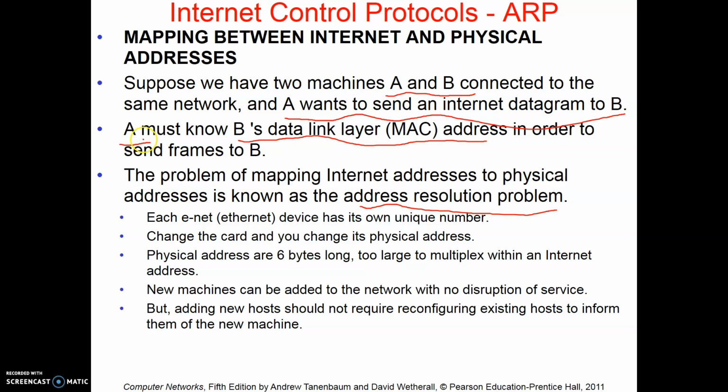So if A wants to communicate with B, let me write down. A should have its own IP address and its own MAC address, or Ethernet address, which I'm writing as E. A should also know B's IP address and Ethernet address.